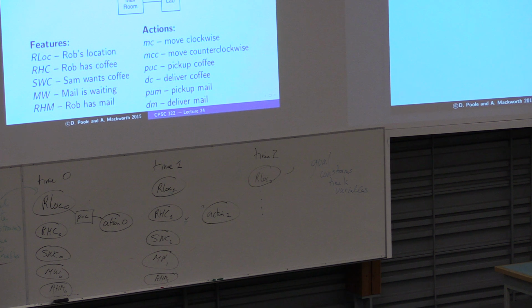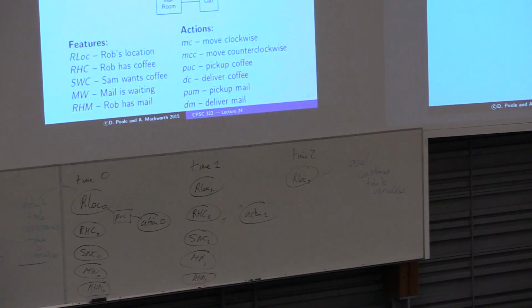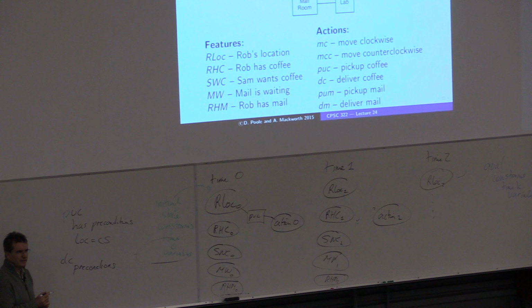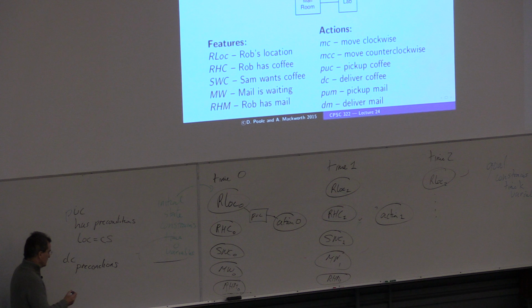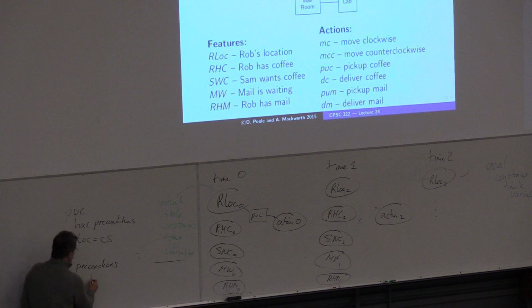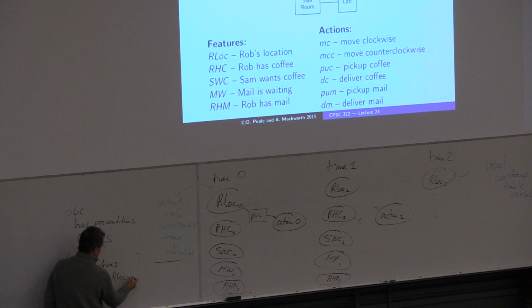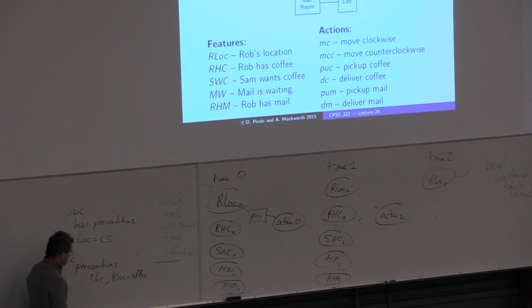What about the action deliver coffee? What are its preconditions? For deliver coffee, you have to be in the right position, and Sam has to... the robot has coffee, and the location is the office, I think. They're the preconditions for deliver coffee, right?